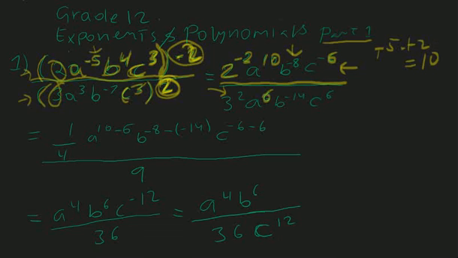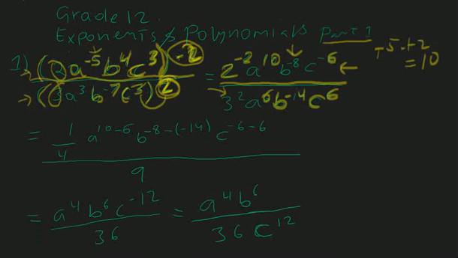So a raised to exponent 6, and then b has a -7. So -7 times 2 is -14. b raised to the power of -14, and then c raised to the power of 6 after you multiply these two.